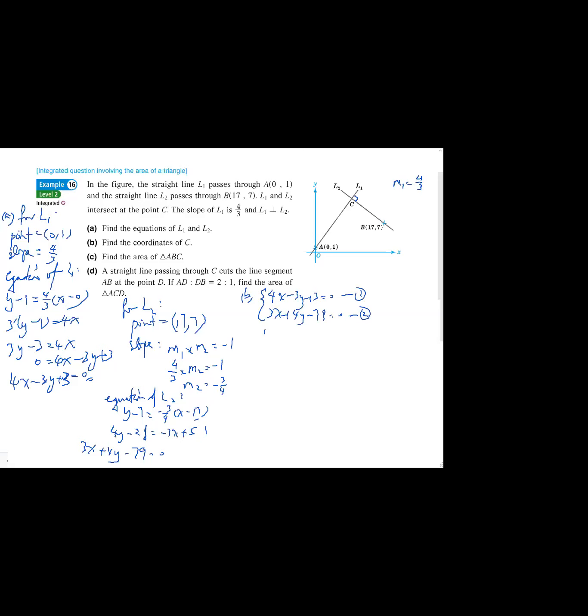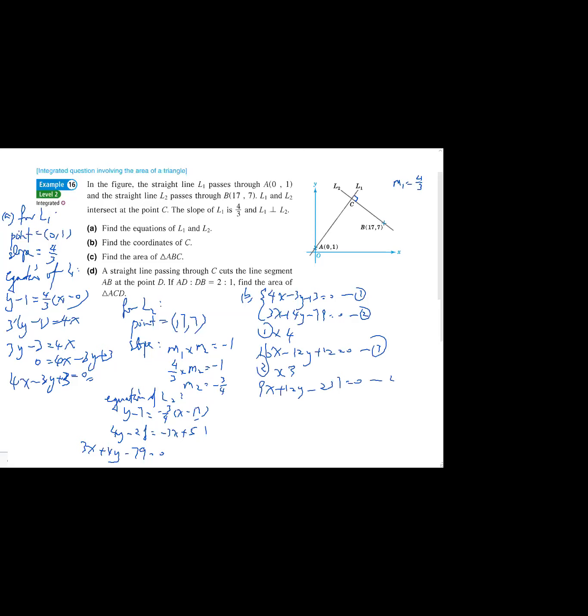So I'm going to multiply equation 1 by 4 to get 16x minus 12y plus 12 equals 0. Call this equation 3. And then multiply equation 2 by 3: 9x plus 12y minus 237 is equal to 0.